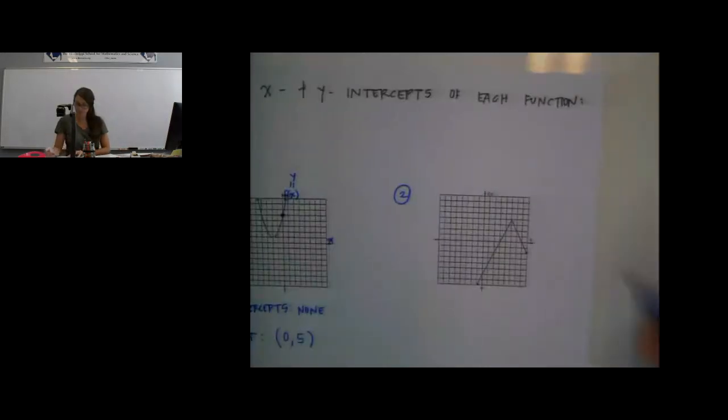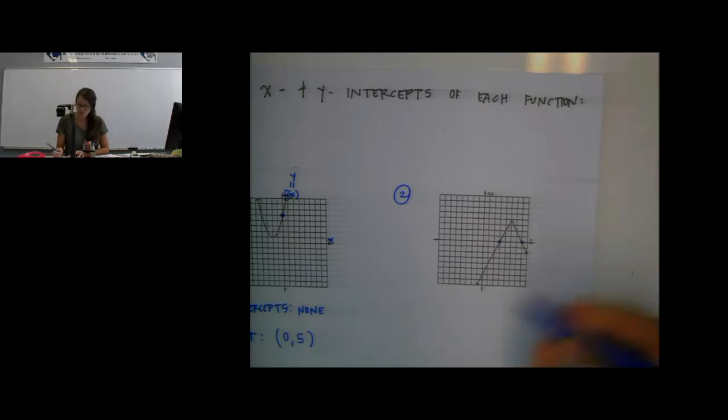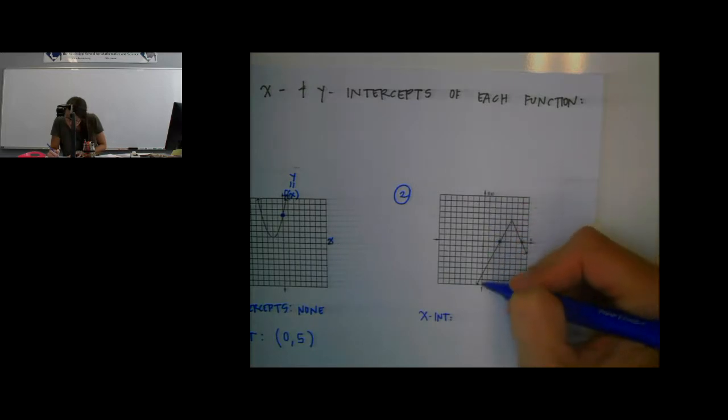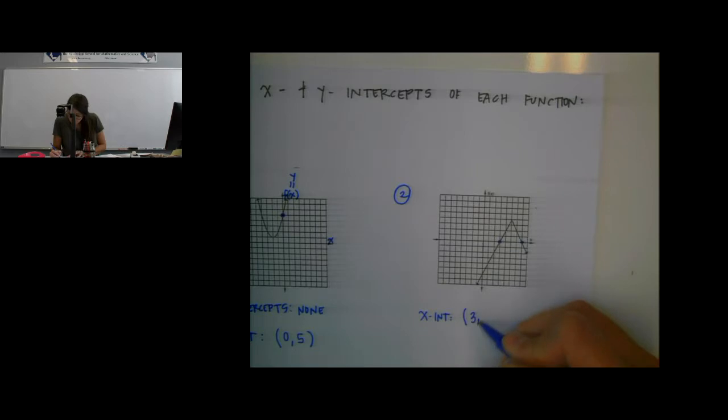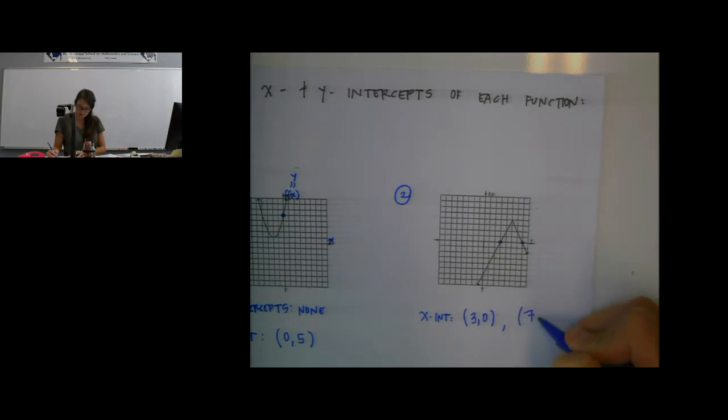Okay, so let's look at the X-intercept. It crosses the X-axis in two places. So it's going to have, here's my Y-axis here, so it's going to be 1, 2, 3. So it's going to be at 3, 0, and 3, 4, 5, 6, 7, and at 7, 0.